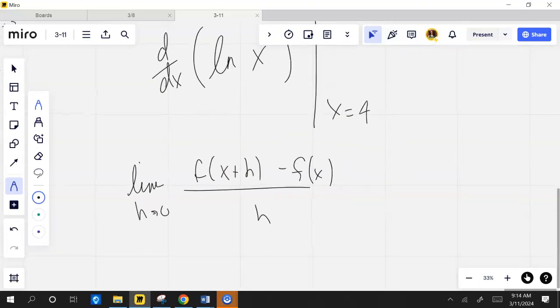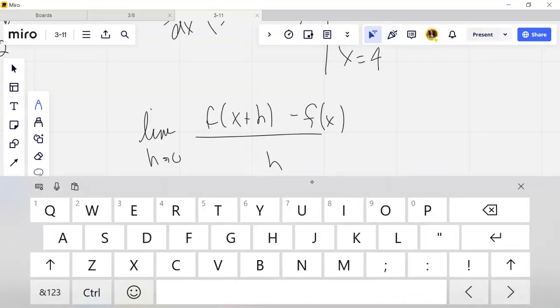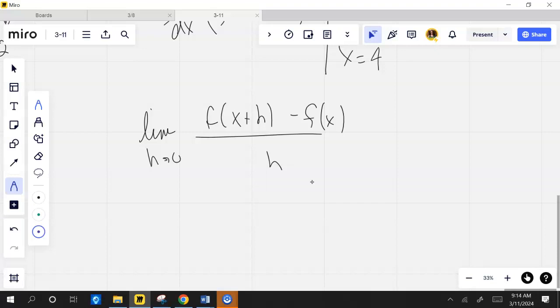So if you ever see that, 99.99% of the time, whenever you see something like this, it's difference quotient. This last one is always, if there's an x in it, then they're just asking you for the derivative of that. And if there's a number plugged in, they're asking you to evaluate the derivative at that particular point.